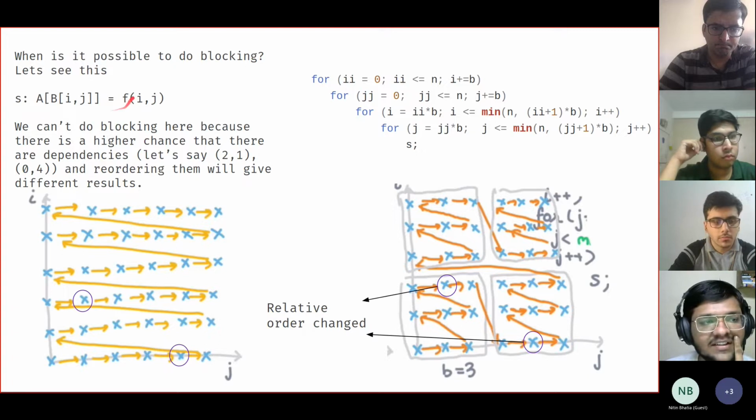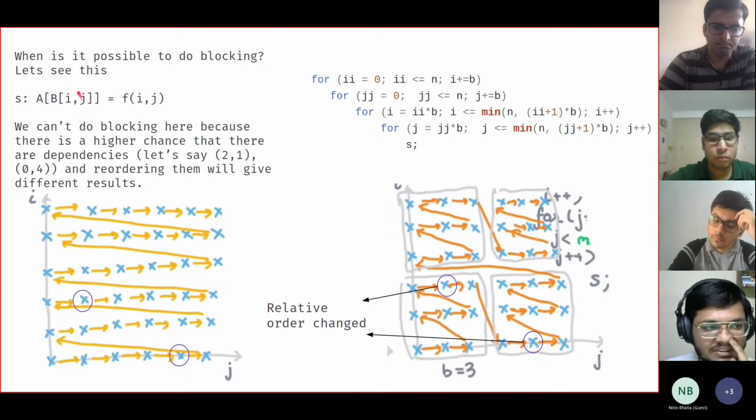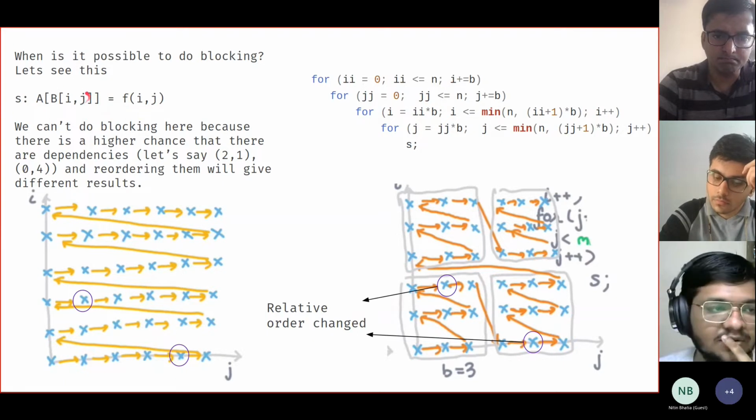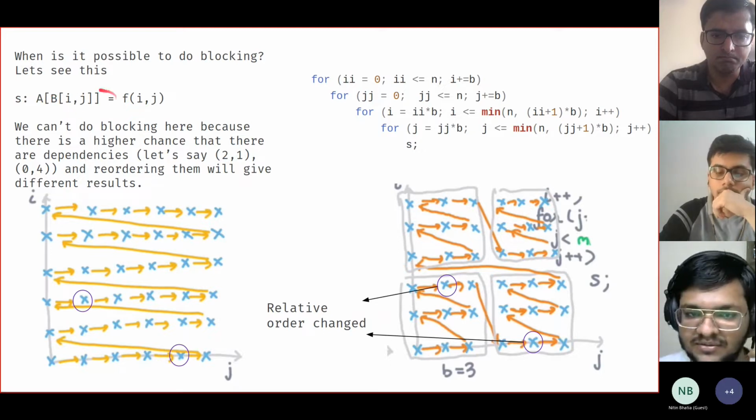If we consider a simple case where the accesses to A are governed by some function of Bij, then we can't surely do the blocking here, because we don't know how the accesses to Bij are going to go, and there would be a higher chance of dependencies here also.